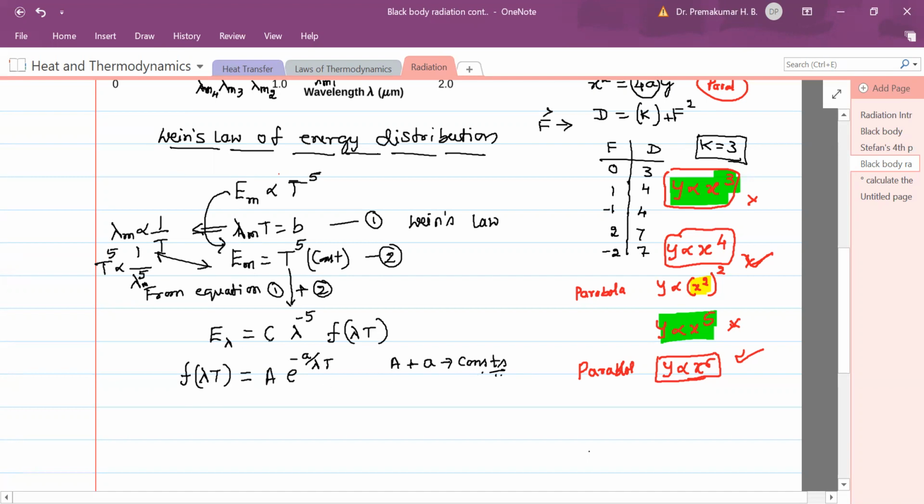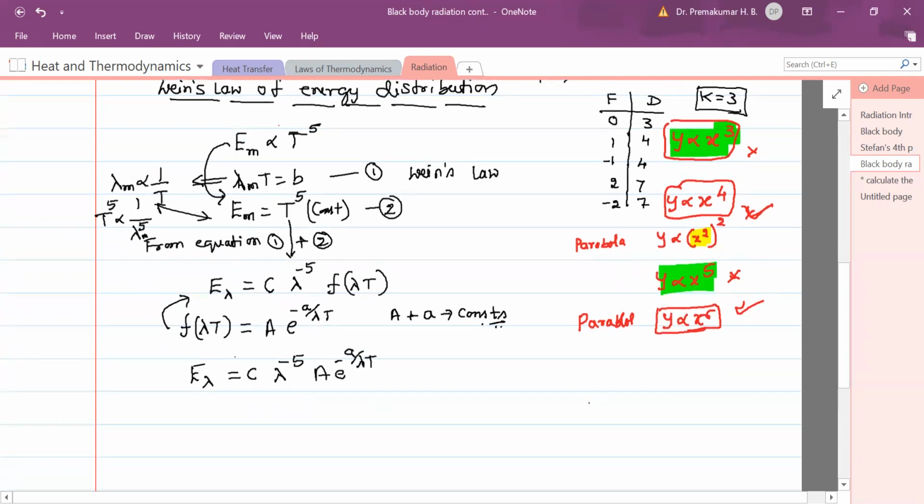So if you put this in here, E lambda, the emissive power, is equal to C lambda to the power of minus 5, and in place of the function of lambda t, I can write A e to the power of a over lambda times t. Now check this A and this C. Again, these two are constants.